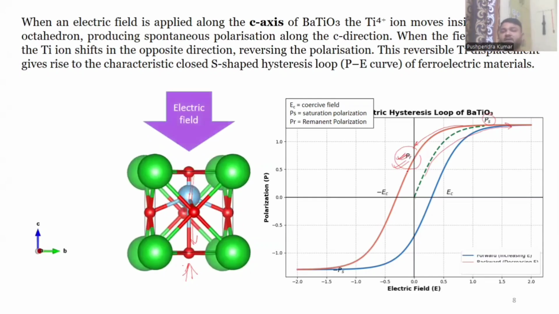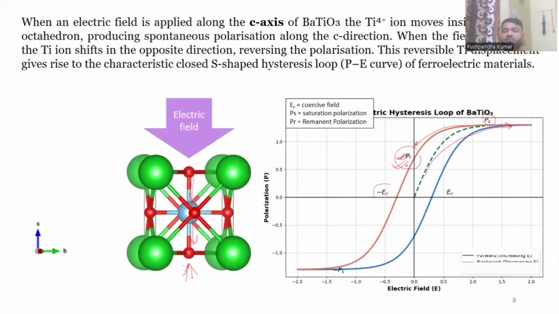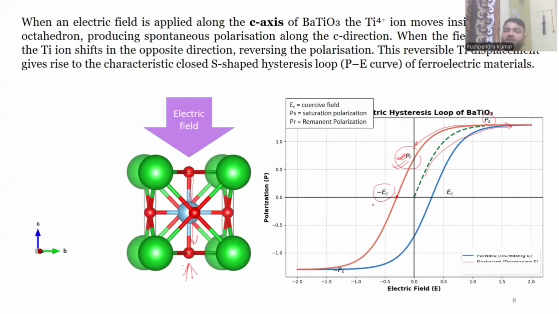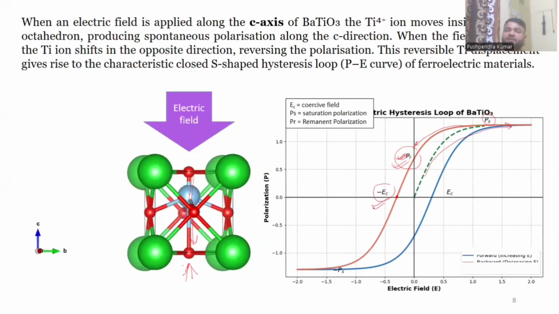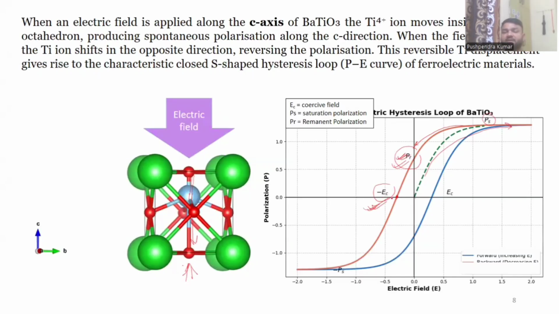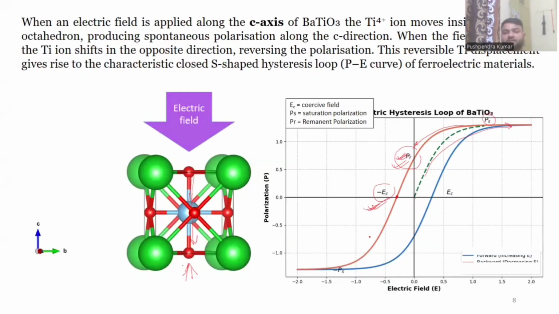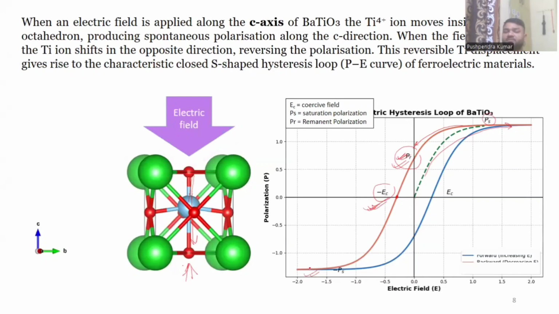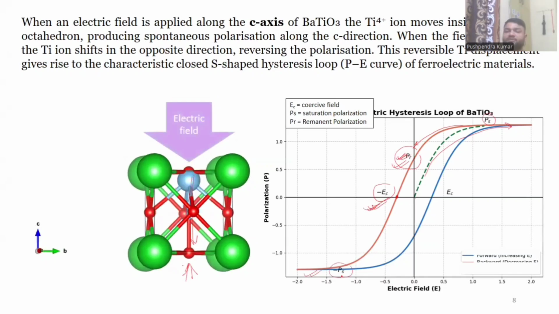When we decrease the electric field, the polarization reaches zero, and the electric field at which the polarization becomes zero is known as the coercive field or coercive electric field. If we keep decreasing the electric field in the negative direction, all dipoles align in the opposite direction and reach a maximum saturation, which is known as negative saturation.